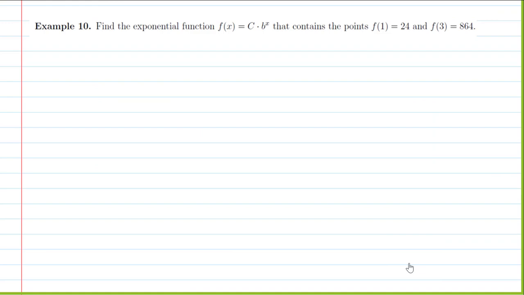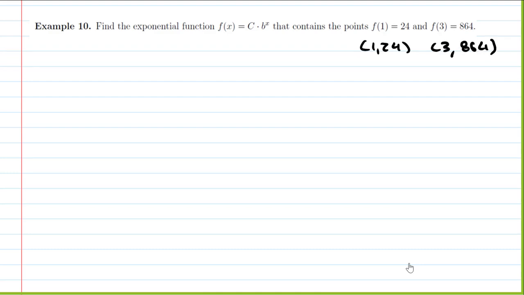For example 10, we're asked to find the exponential function f of x equals c times b raised to the x that contains the point f of 1 equals 24 and the point f of 3 equals 864. Well, each of these represent an ordered pair, so this is the ordered pair 1, 24, and this is the ordered pair 3, 864.